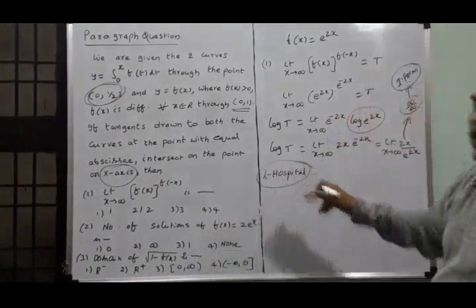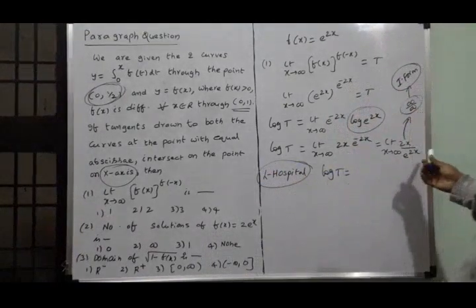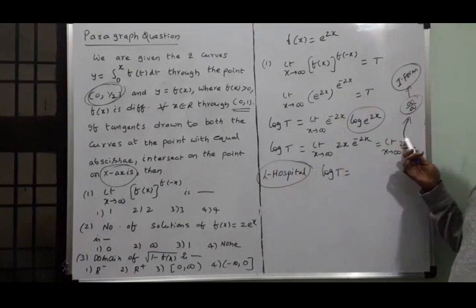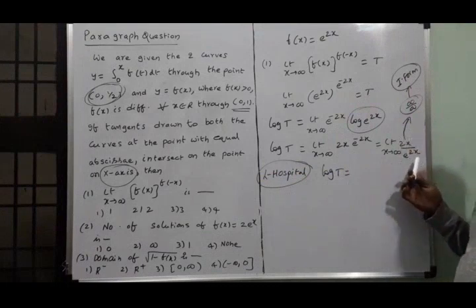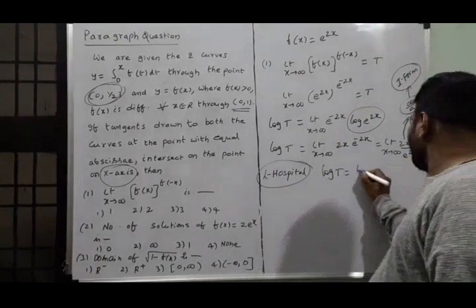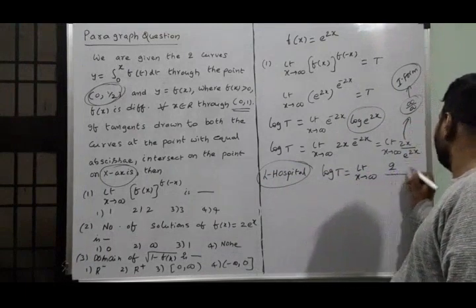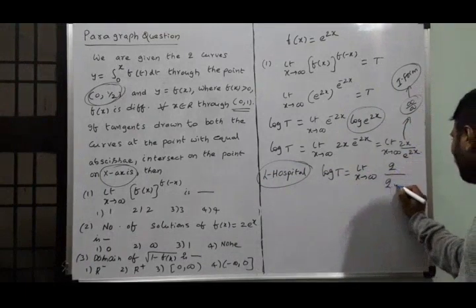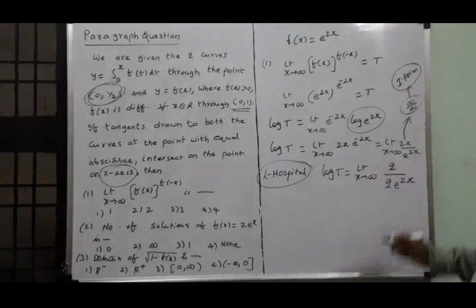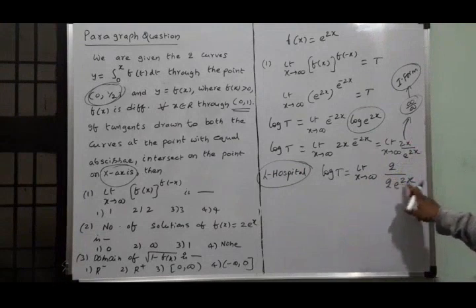By applying L'Hospital rule, log t is equal to, now differentiate the numerator and differentiate the denominator separately, then apply x tends to infinity. So limit x tends to infinity, 2x derivative is 2, e power 2x derivative is 2 into e power 2x.